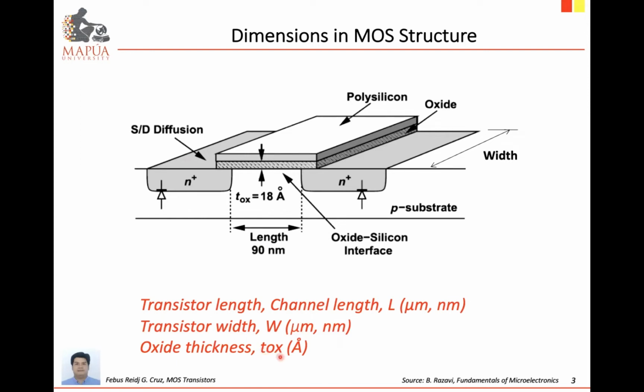This is the oxide thickness, and the typical unit is the angstrom, where 1 angstrom is equivalent to 1 times 10 to the negative 10 of a meter. In this example, the oxide thickness TOX is equal to 18 angstrom. All right, is that clear?